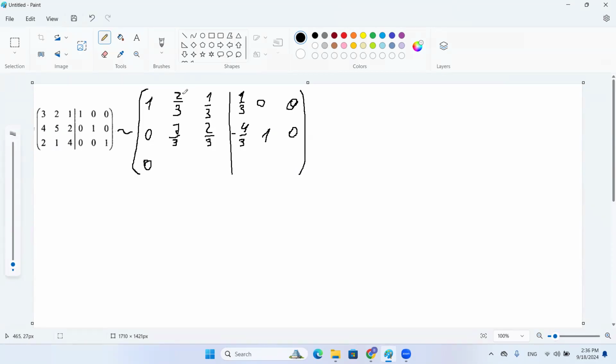And here we multiply by -2. So 3 thirds minus 4 thirds will be -1 third. Let me verify that everything I'm doing is correct. We multiply by -2.